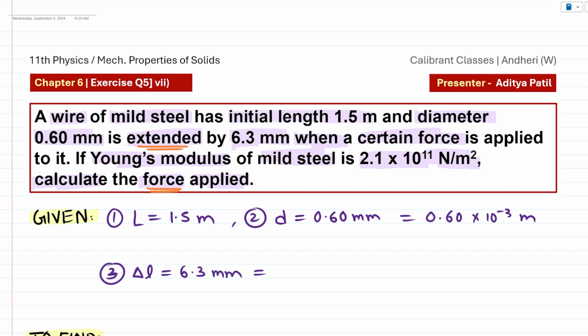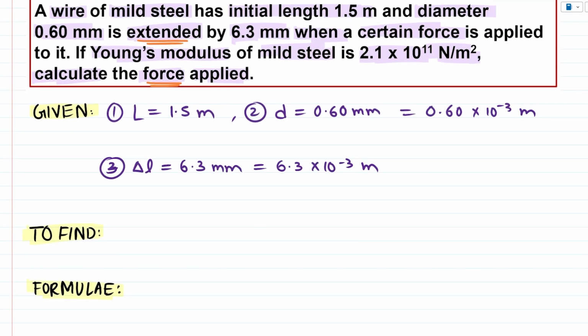Again, millimeters needs to be converted into meters, so 6.3 into 10 raised to minus 3 meters here as well. And then the fourth quantity जो दिया है, that is the value for the Young's modulus for the material mild steel, and this value is 2.1 into 10 raised to 11 Newton meter square. That is the units for Young's modulus of a material.